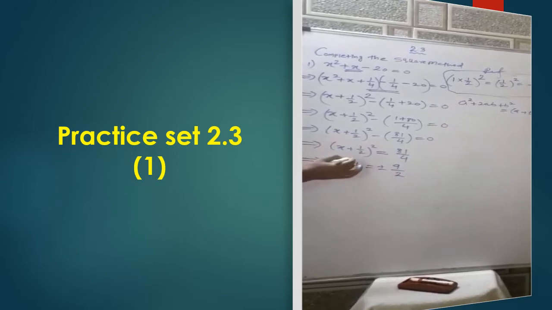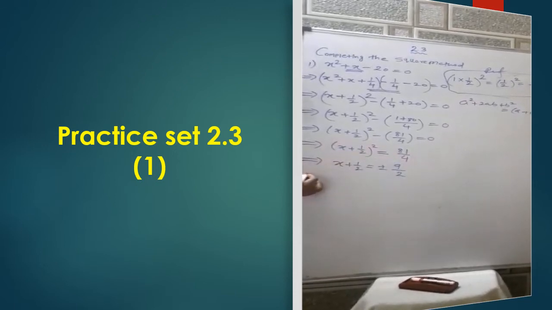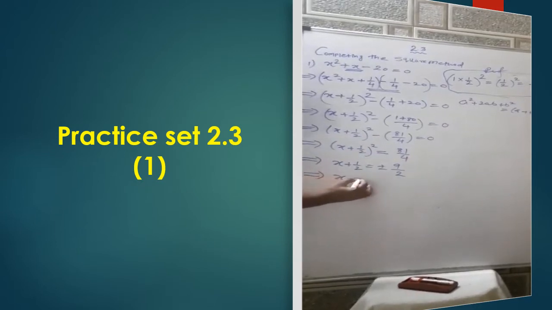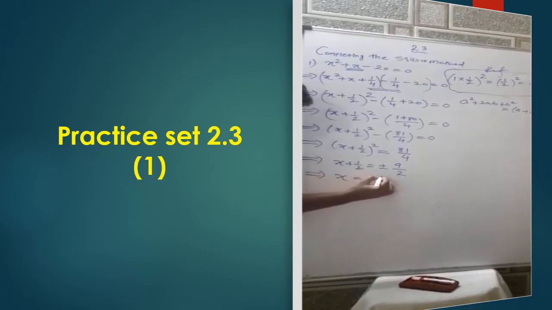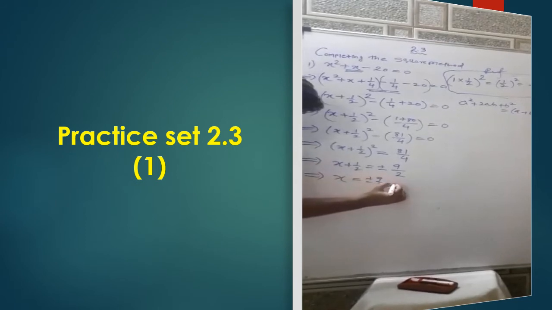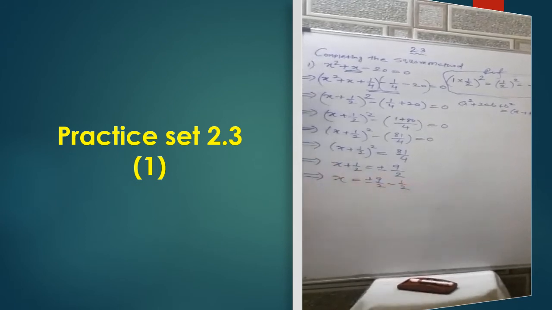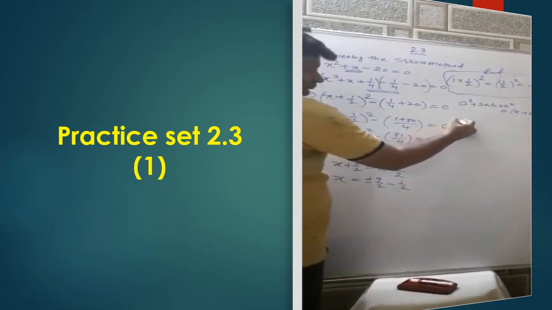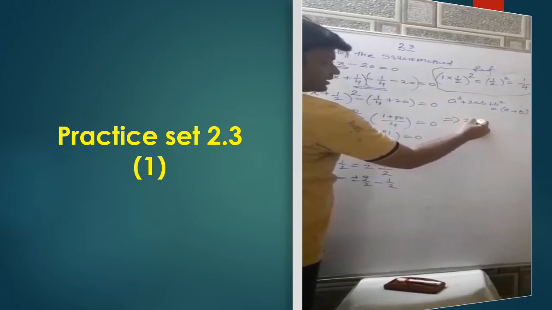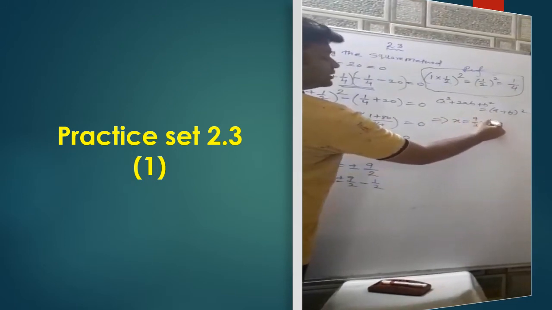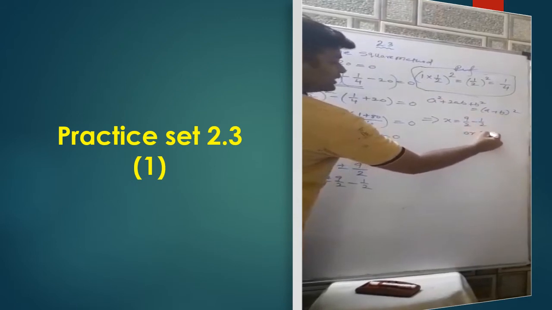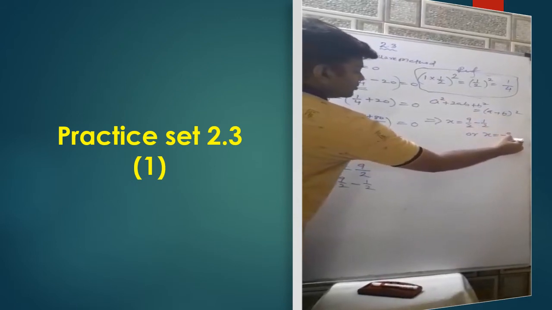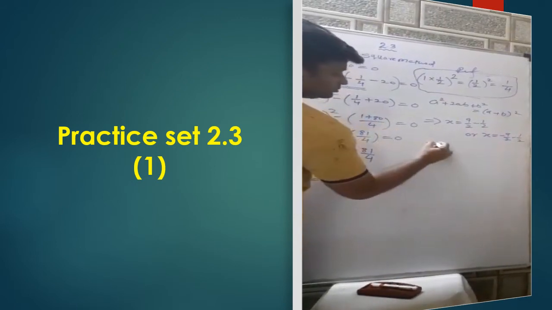Now shift plus 1 upon 2 that side. So x equals to plus minus 9 upon 2 minus 1 upon 2. So you get x equals to 9 upon 2 minus 1 upon 2, or x equals to minus 9 upon 2 minus 1 upon 2.